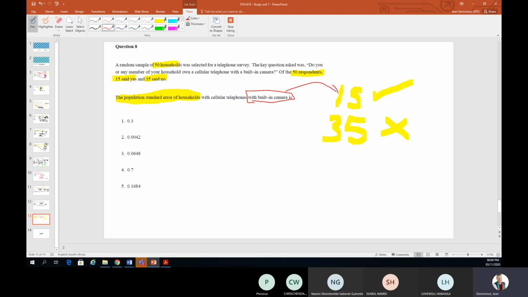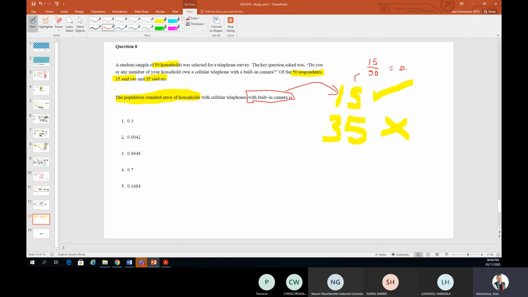So basically when we look at the standard error, it is the 15 divided by the 50. So let's just get a decimal for that. 15 divided by 50, does that give me 0.3?